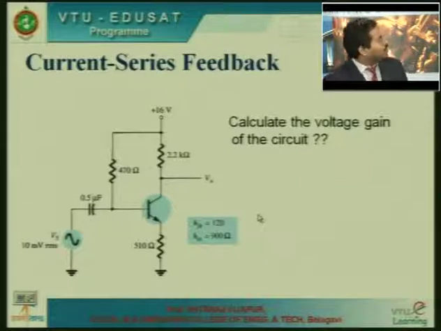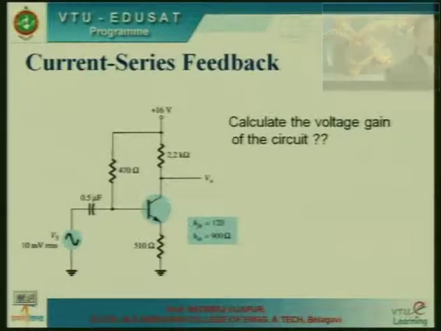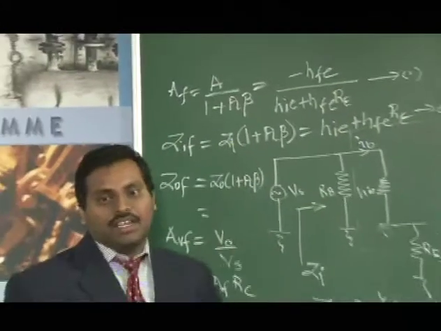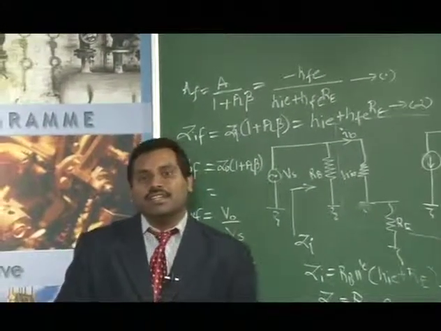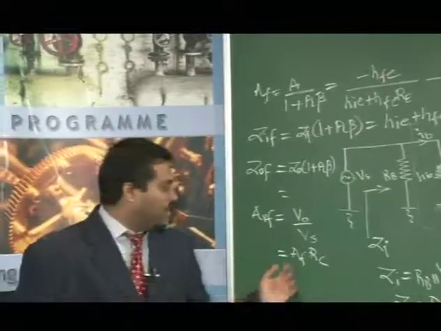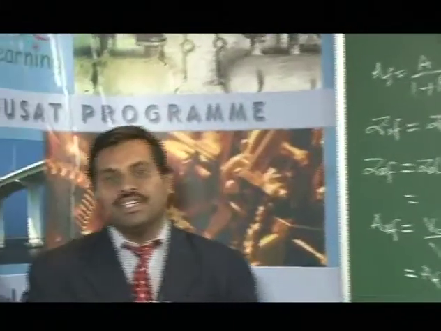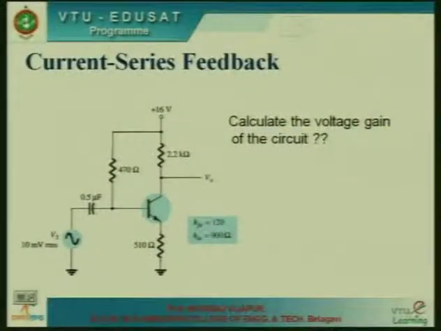On the board I have given the expressions. You just have to substitute in these expressions and you will get the voltage gain, which you can calculate as AF into RC. This is how you can calculate this current series feedback configuration.